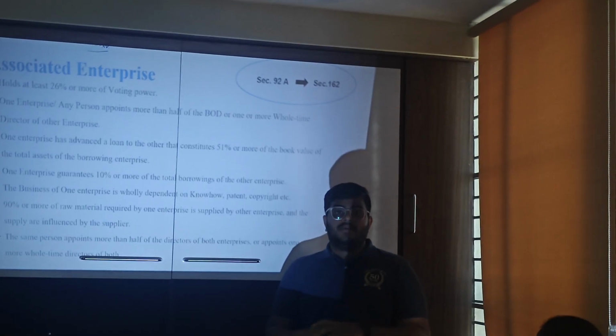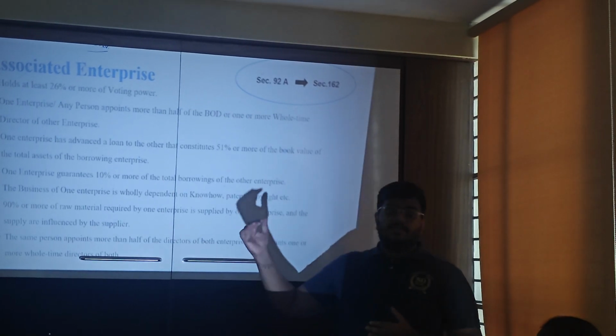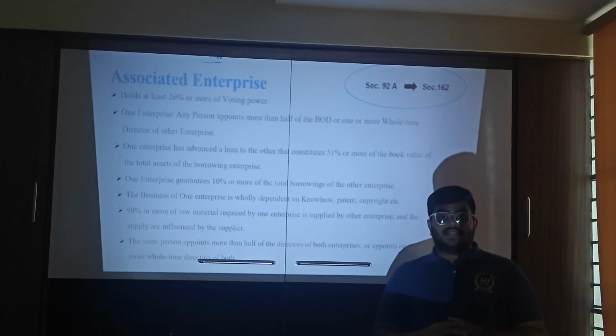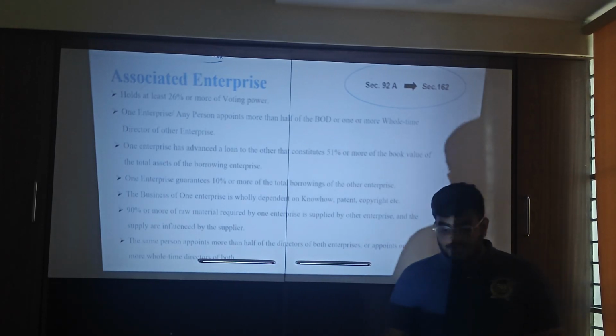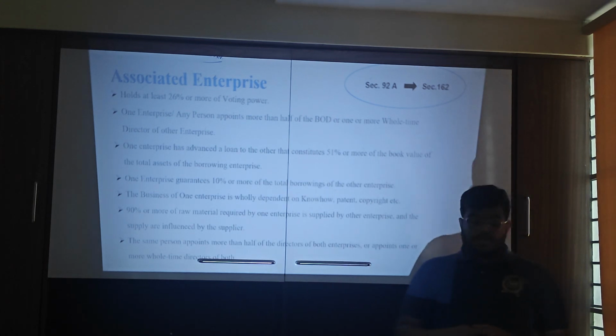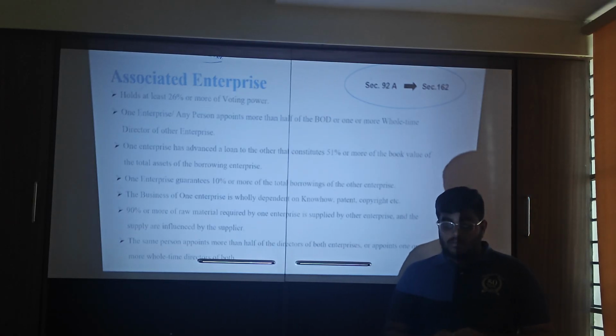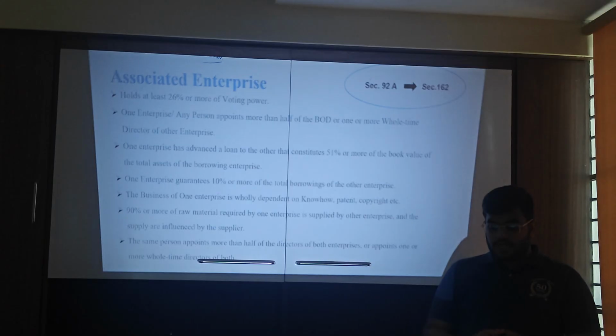If B Limited's total value of fixed assets as per book value is 100 crores, then it will be termed an associated enterprise because 60 crores has been loaned, so 51% or more. Also, if one enterprise guarantees 10% or more of the total borrowings of the other enterprise.